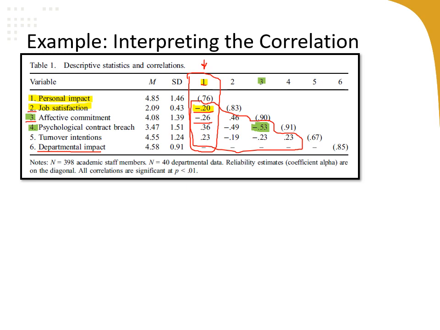Negative correlation. Then if we look here, these are both positive correlations. So those who experience a higher personal impact of budget cuts tend to have higher levels of perceived psychological contract breach and higher turnover intentions. Or in other words, they feel that promises were broken more and they tend to want to quit their jobs more.